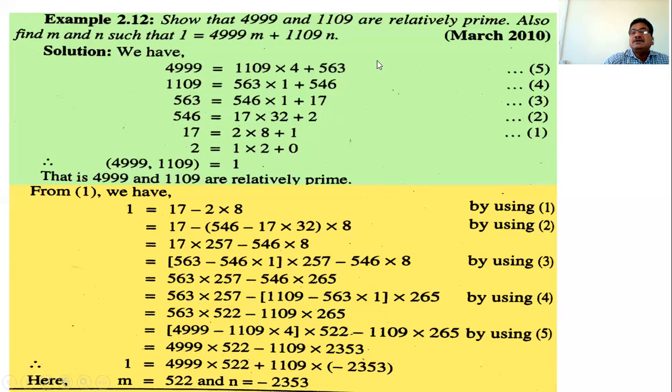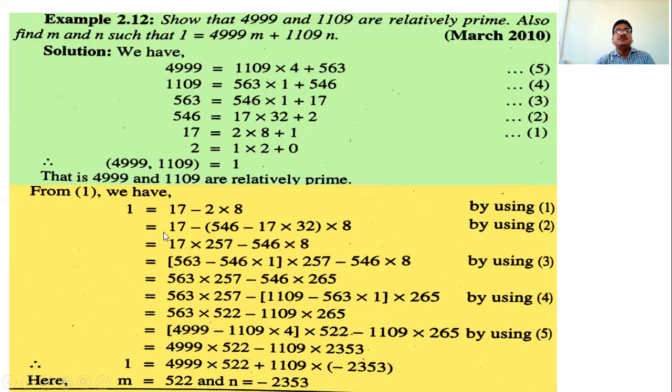Then use the last equation number 5, that is, substitute the value of 563. It is 4999 minus 1109 into 4. So substitute here the value of 563 as 4999 minus 1109 into 4, into 522 minus 1109 into 265. Then multiply this 522 in brackets, and then we have 4999 into 522 minus 1109 into 4 into 522, and minus 1109 into 265 becomes 2353.